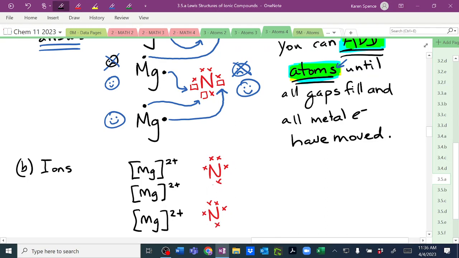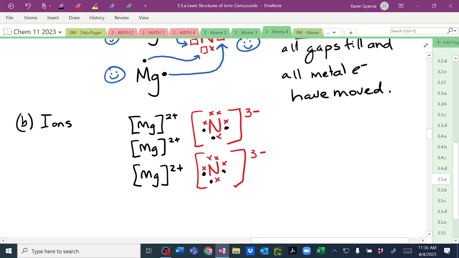Fill in those extra electrons there. And then this is 3 minus, and this is 3 minus, and that would be fine.